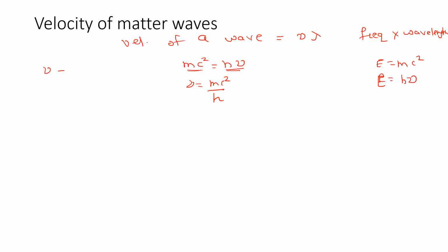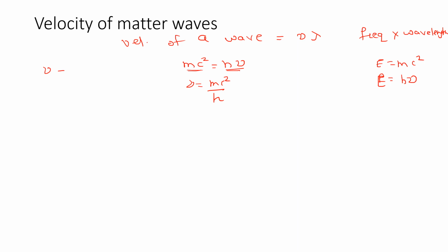This is for radiation, but now the same thing we will apply for a matter wave, because we are using analogy. Whatever we are applying to radiation, the same thing we are applying to matter. Matter and radiation are equivalent, right?